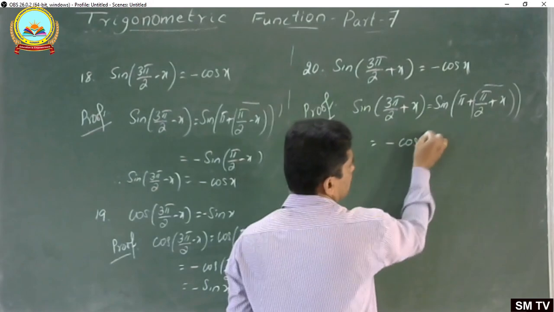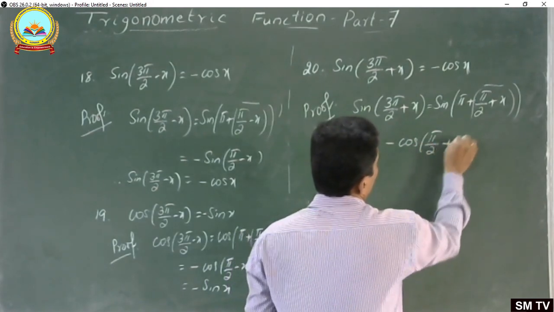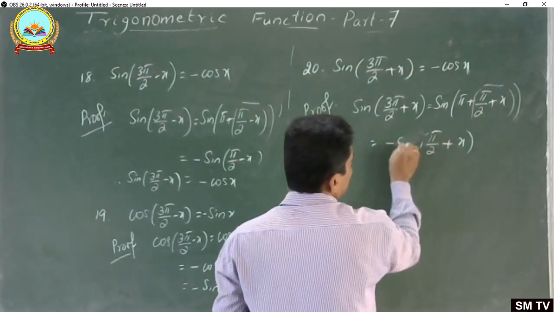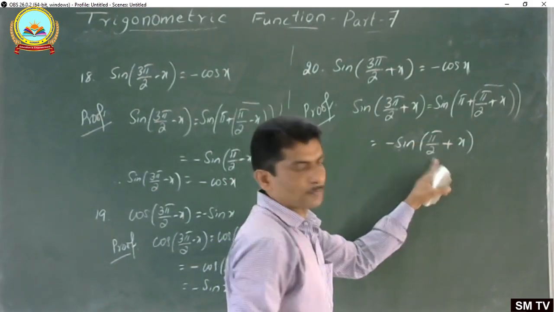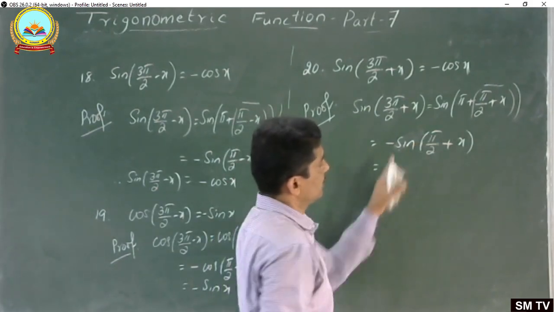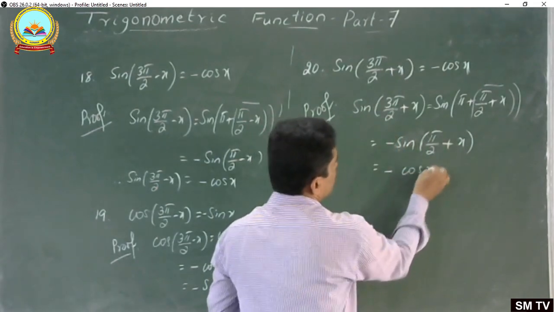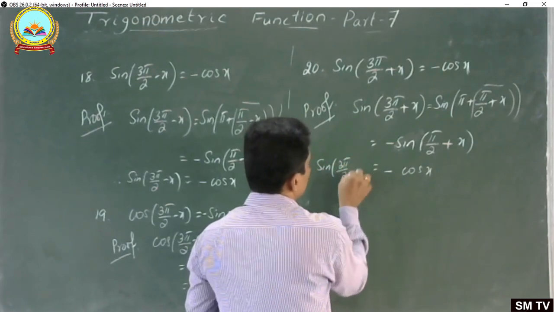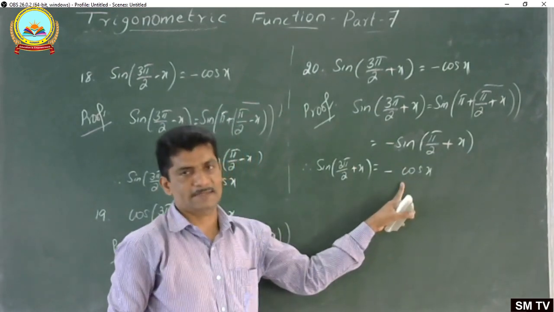Sorry, sine of pi plus x means minus sin x. Sine of pi by 2 plus x, its value is, sine of pi by 2 plus x is cos x. Therefore, this value is minus cos x. Therefore, we can say that sine of 3 pi by 2 plus x is equal to minus cos x.